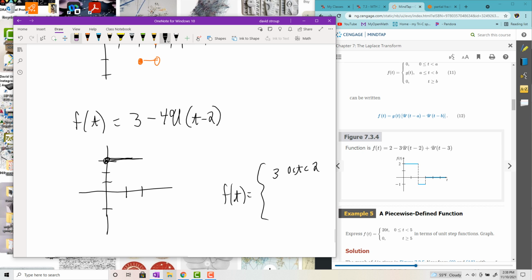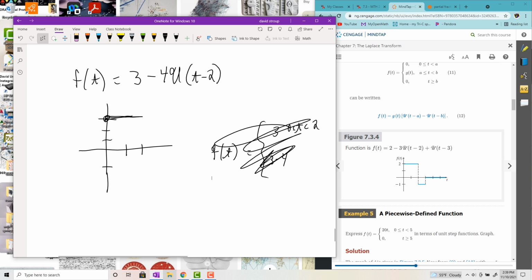you're turning it on. So it is f of t, and then at some point it gets 3 minus the 4 part here. It's not a very good job of describing it. So at t equals 2, this part gets turned on.